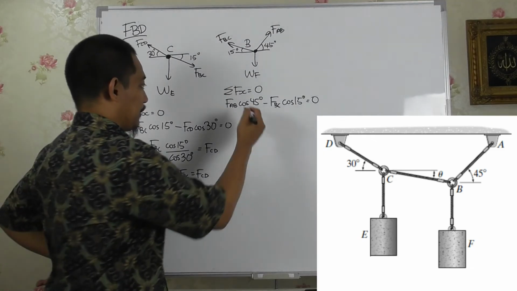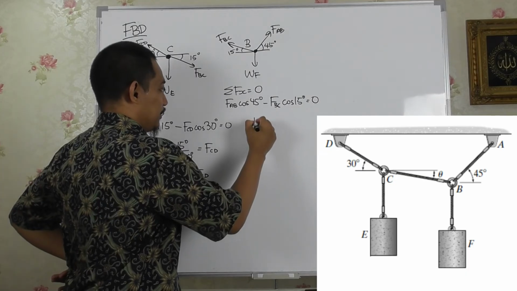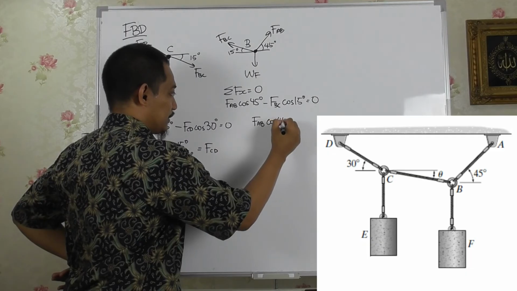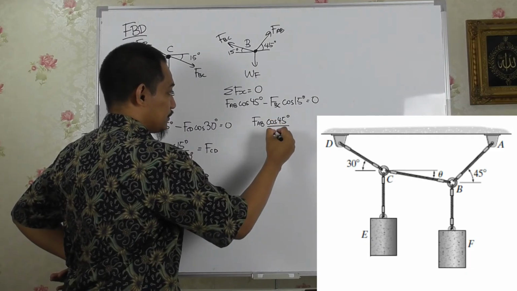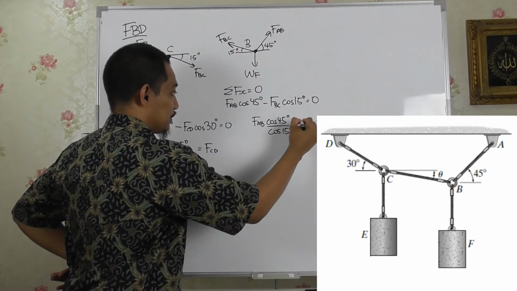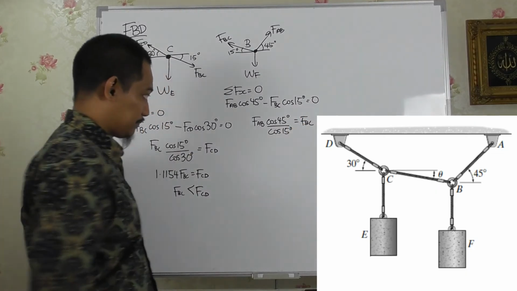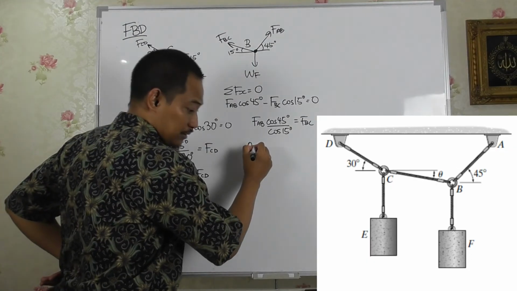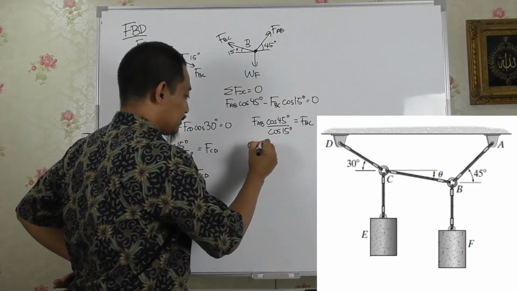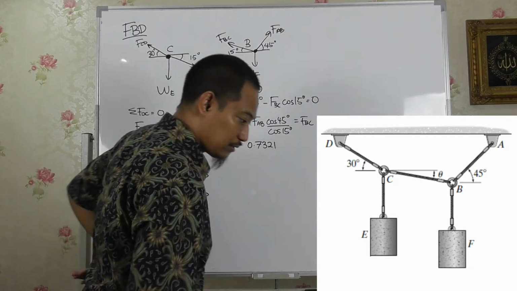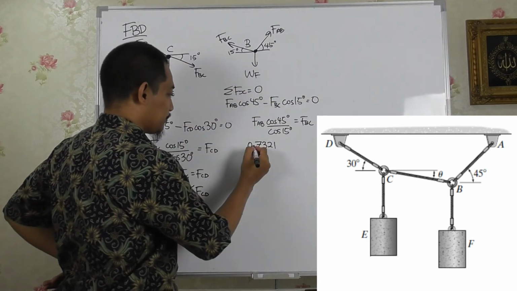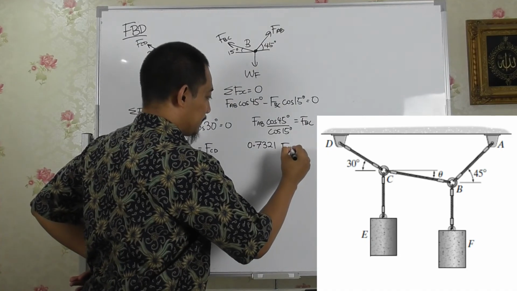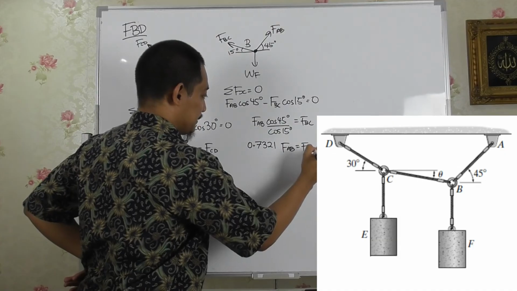So if I do FEB cos 45 degrees over cos 15 degrees equals FBC, I will get 0.7321 FEB equals FBC.